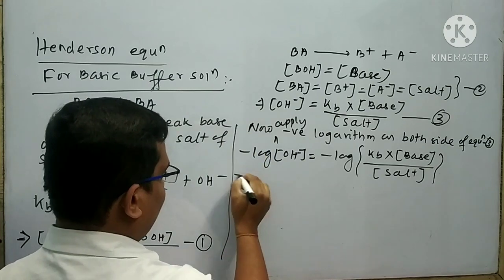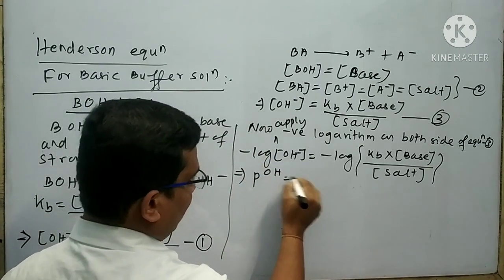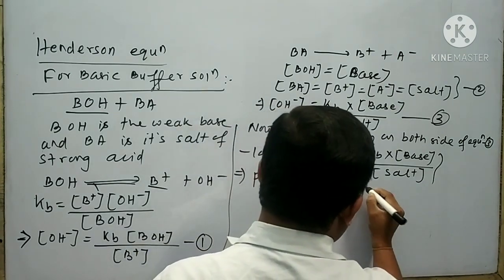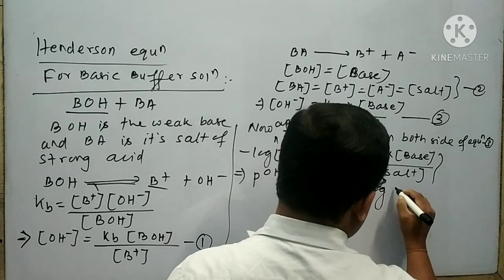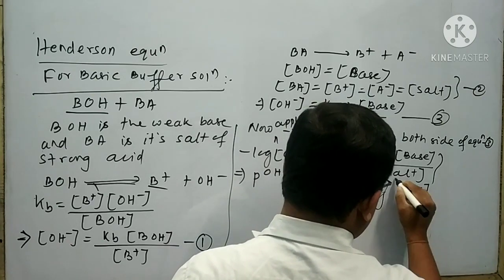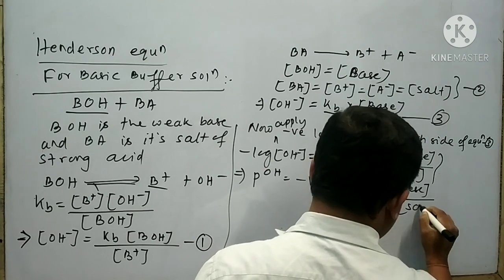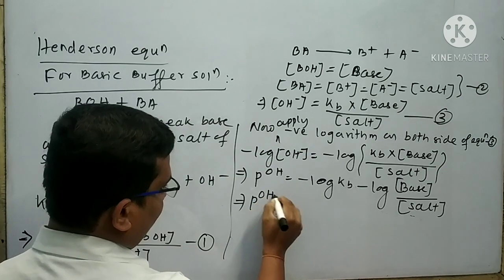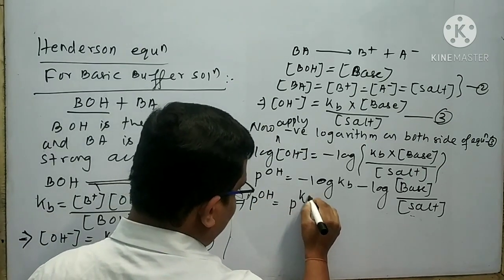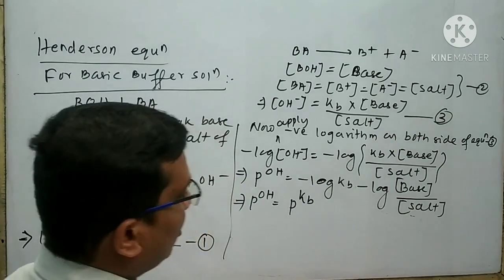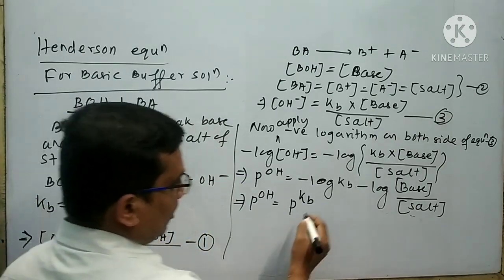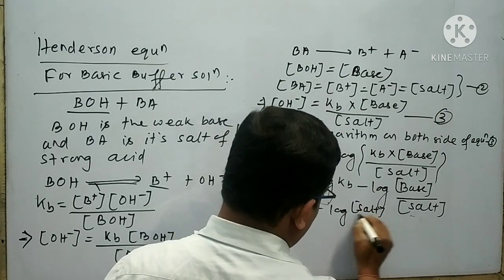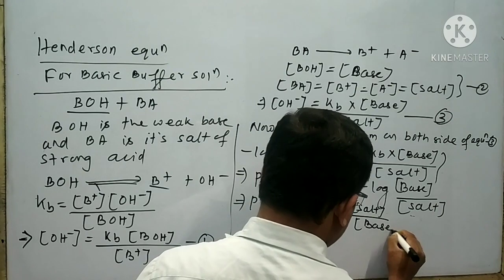This implies pOH equals minus log Kb minus log of base concentration divided by concentration of salt. This implies pOH equals pKb, because we know that minus log of Kb equals pKb, plus log of salt concentration divided by concentration of base.